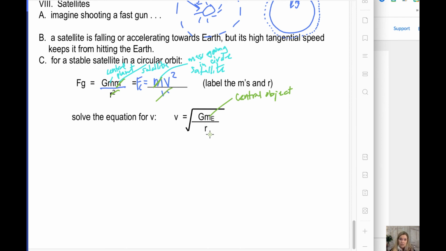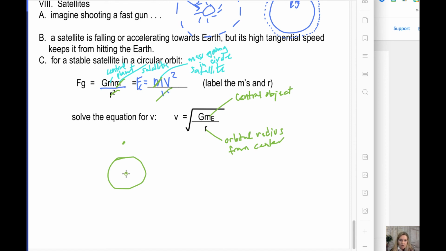Now remember, this is measured from the center, and I'm going to label this again. This is always orbital radius. An orbital radius is measured from center. Here you've got some planet, and here you have a satellite that you've launched out in space.